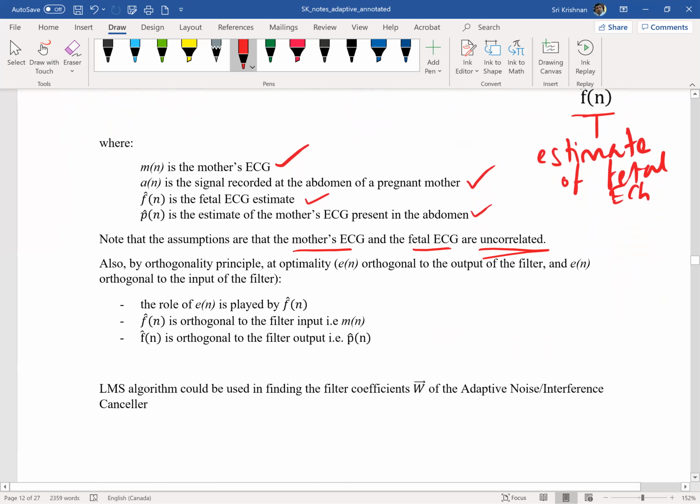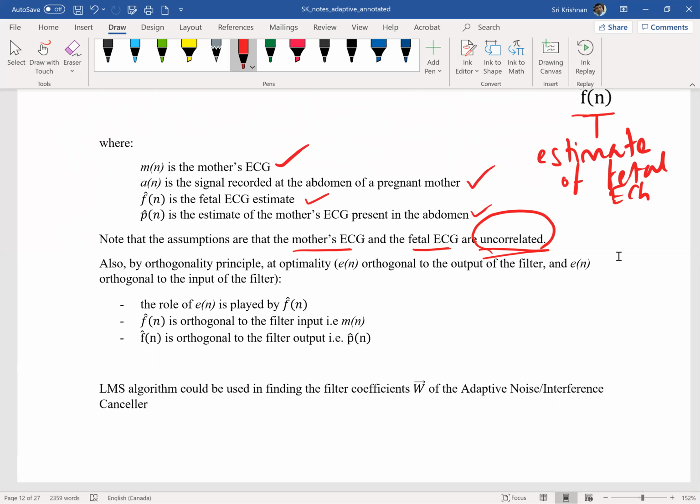Now we can go back and look into the various concepts that we found in terms of designing the filter. When we go through this whole aspect of the least mean squares technique and the RW equal to P technique, because of this assumption of uncorrelation between the fetal ECG and the mother's ECG, we could implement RW equal to P, but we know practically it might be a large filter order.